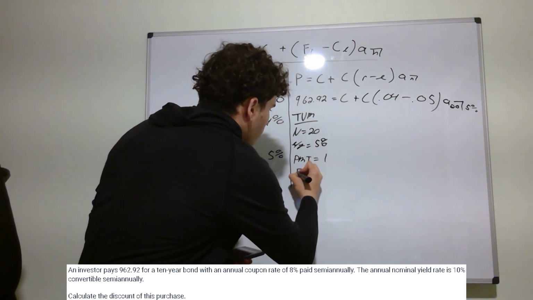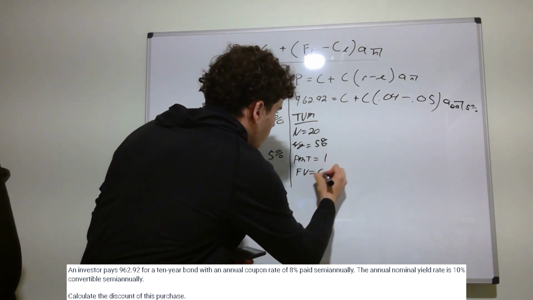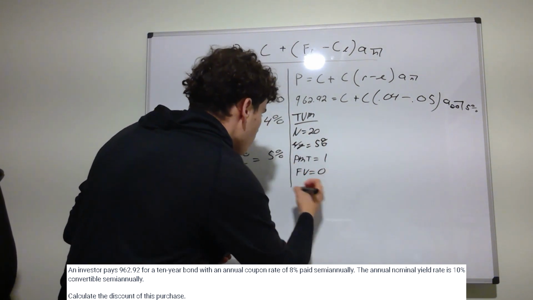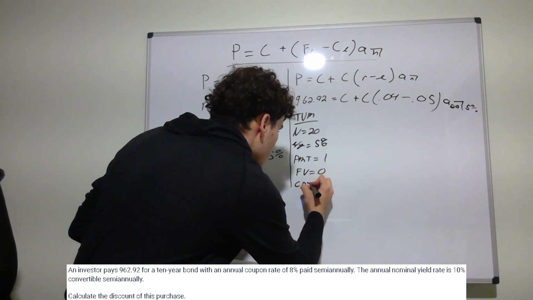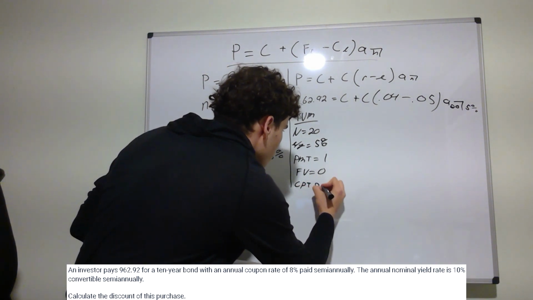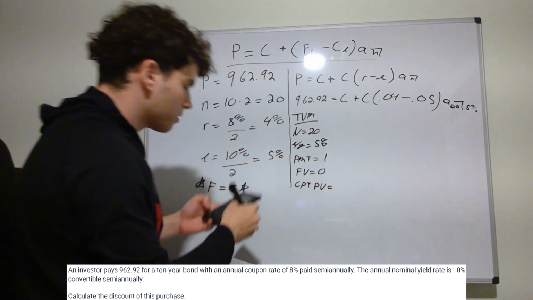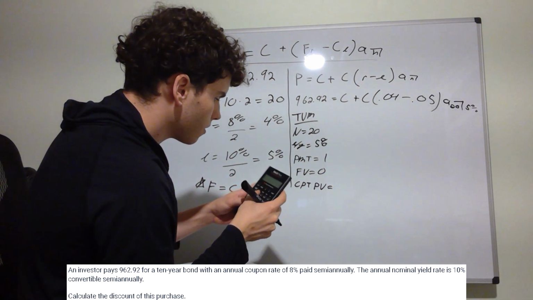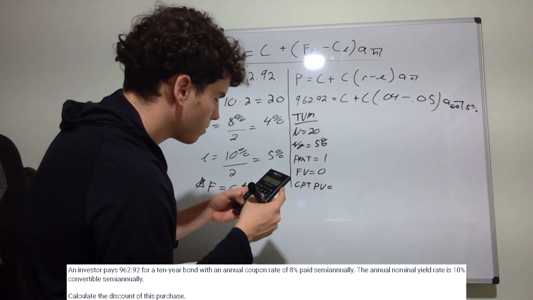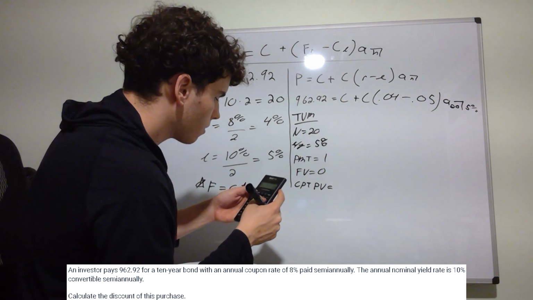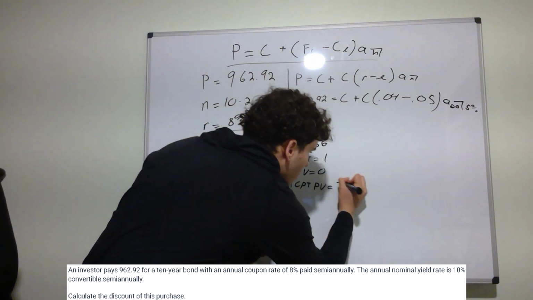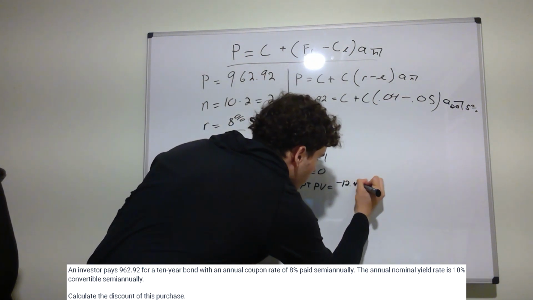Our future value equal to 0. And then we have our last option, we need to compute the present value. Alright, let's see what we get. So n is 20, 5 is I, payment is 1, future value is 0, compute present value, which is a negative 12.46.